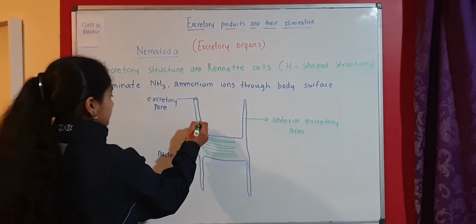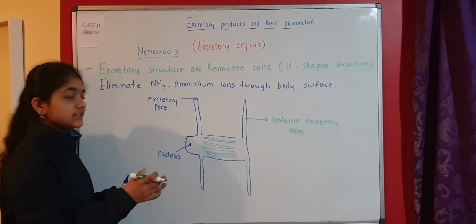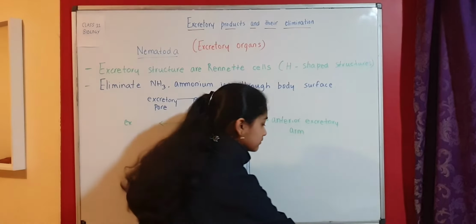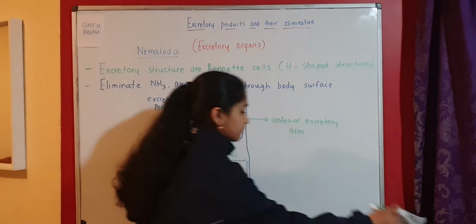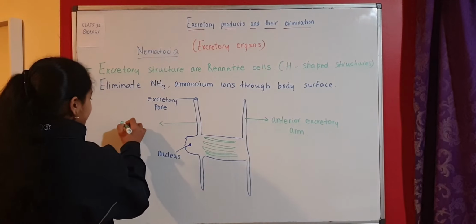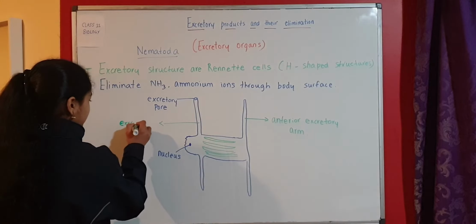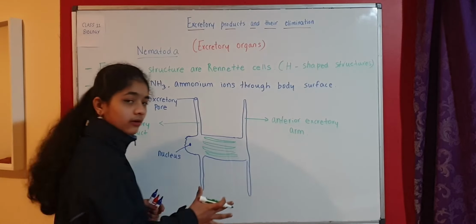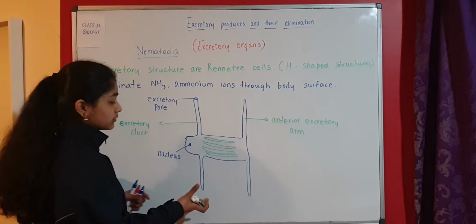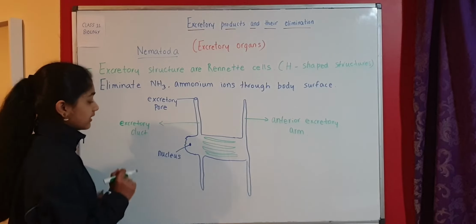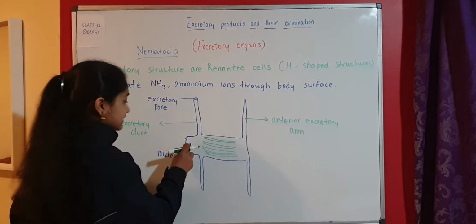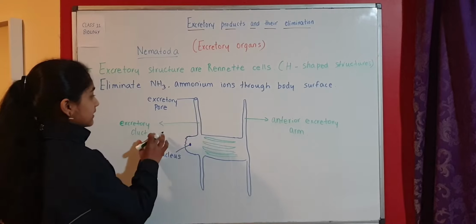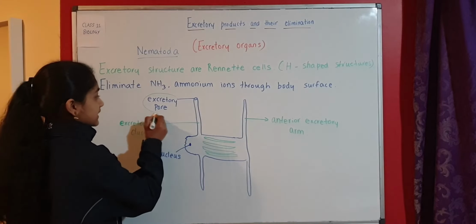One more thing, the arm which has the excretory pore is the excretory duct. These others also look like ducts, but they're not exactly ducts because they don't have any pores. Because this has a pore, that's why it's called a duct. So here we have the nucleus and this is the main cell body. Here all the organelles are present. This is the excretory duct because it has a pore, and this pore is called the excretory pore.